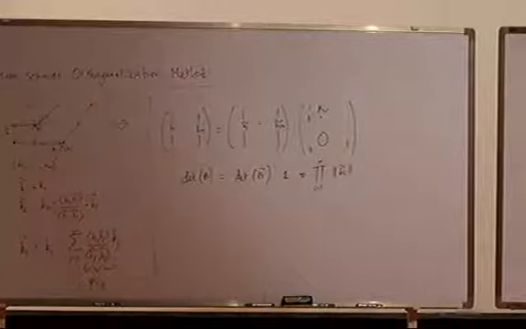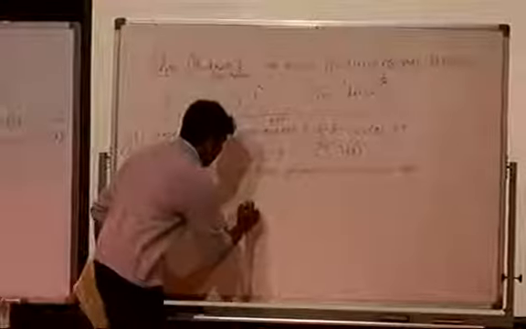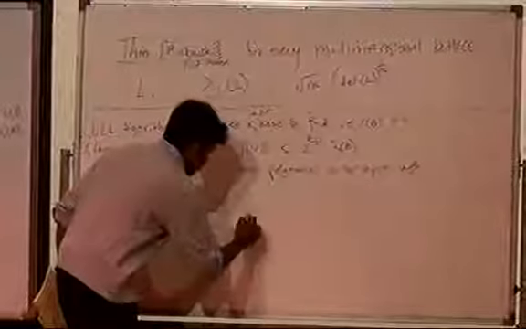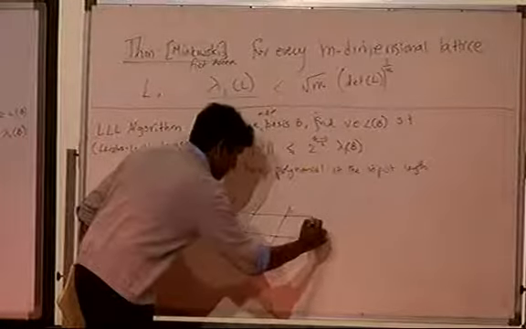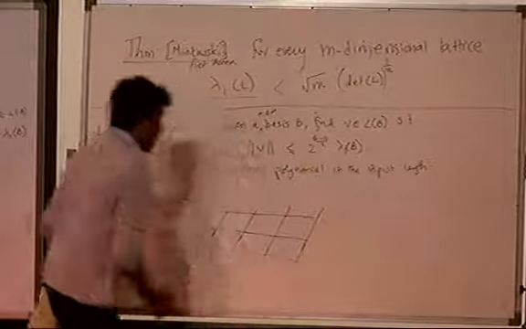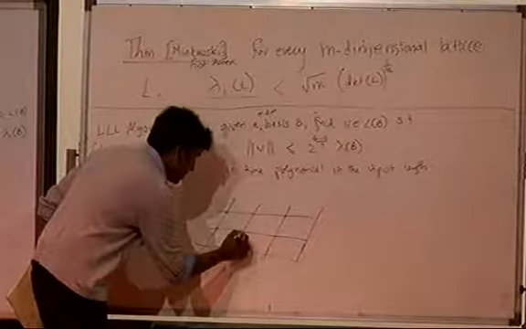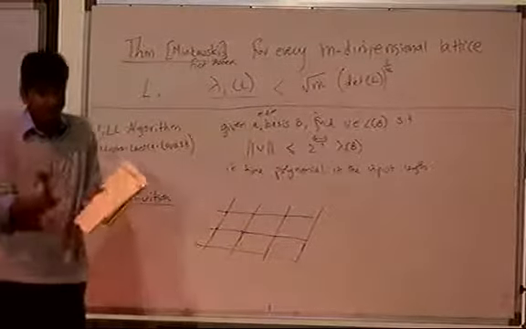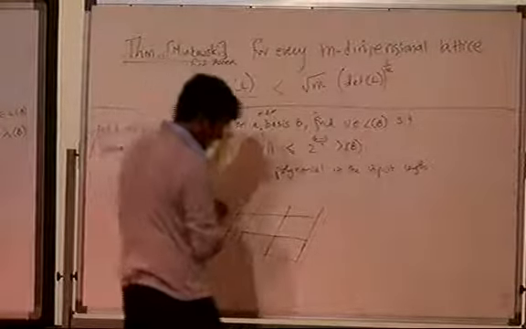What is the intuition behind this algorithm? Let's look at our favorite lattice again. This is a very nice basis for this lattice, because it has short vectors, and this is a horrible basis for this lattice.